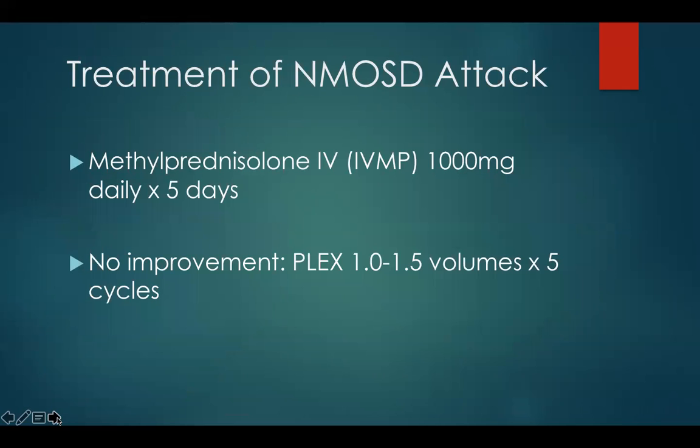So up until this point, how have we treated NMO attacks? Standard of care is methylprednisolone, 1,000 milligrams daily for 5 days. The thought has been that if they're not improving, then you give plasma exchange. However, more data support that the earlier you start plasma exchange, the better the outcome, so I advocate for starting methylprednisolone and plasma exchange at the same time.